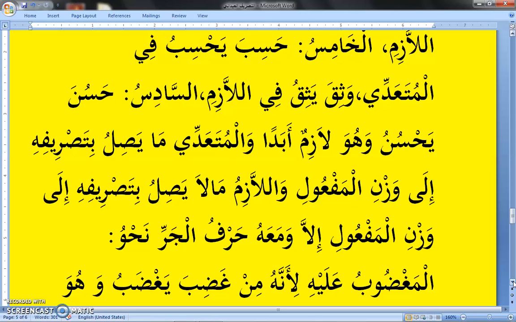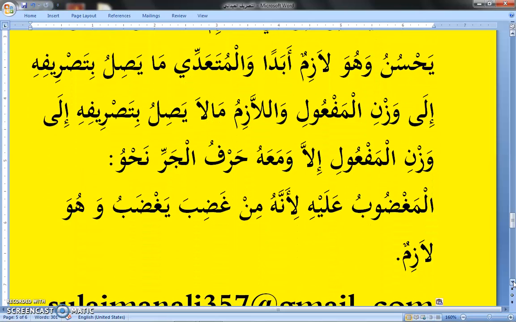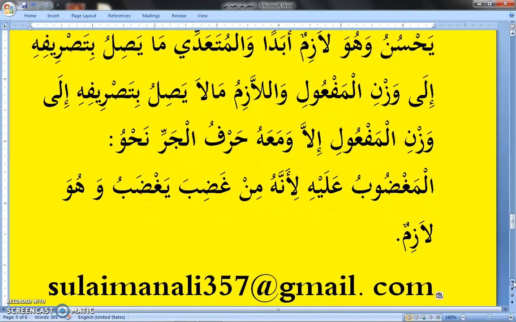It is the one that can never reach, with its conjugation, the pattern of مفعول, إلا ومعه حرف الجر, except it is used along with a حرف الجر, a particle or connector of جر, a connector that gives كسرة to a noun.